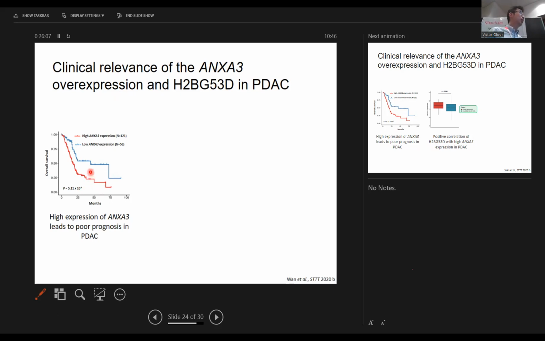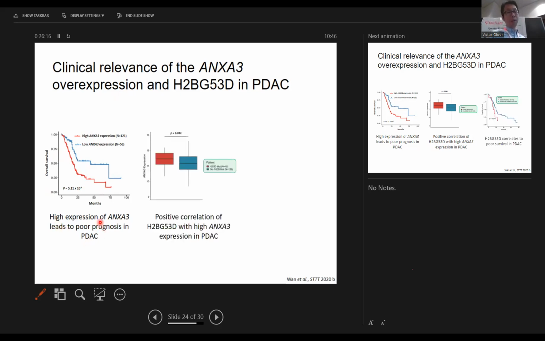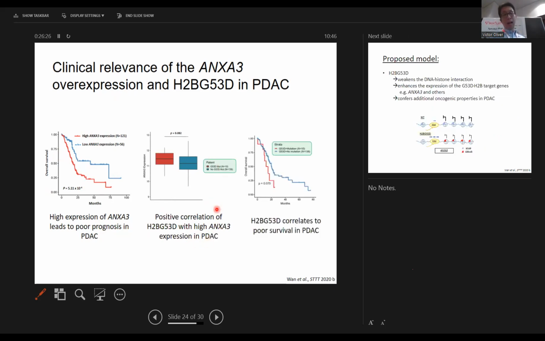Going back to the TCGA database, we are able to show that high expression of ANXA3 leads to poor prognosis in pancreatic cancer. We also show some correlation between the presence of the mutation and high expression of ANXA3 in PDAC.